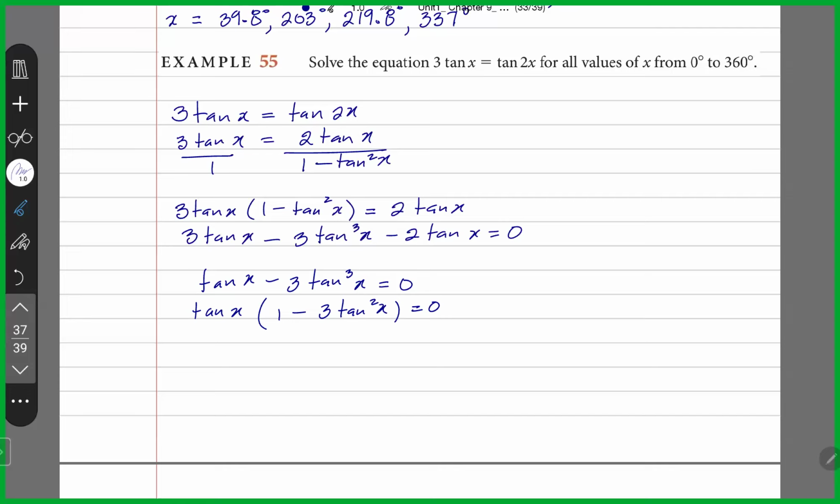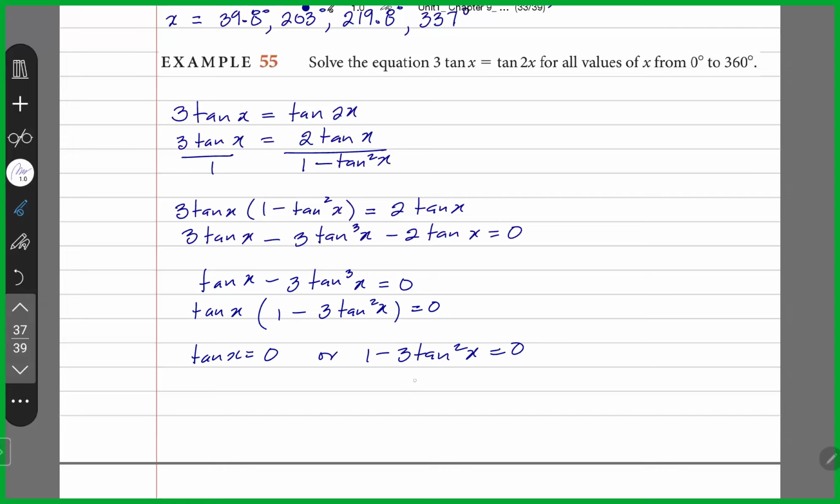Now, if you're multiplying two things and you're getting 0, either the first is 0 or the second is 0. So it's tan x that is equal to 0, or 1 minus 3 tan squared x that is equal to 0.